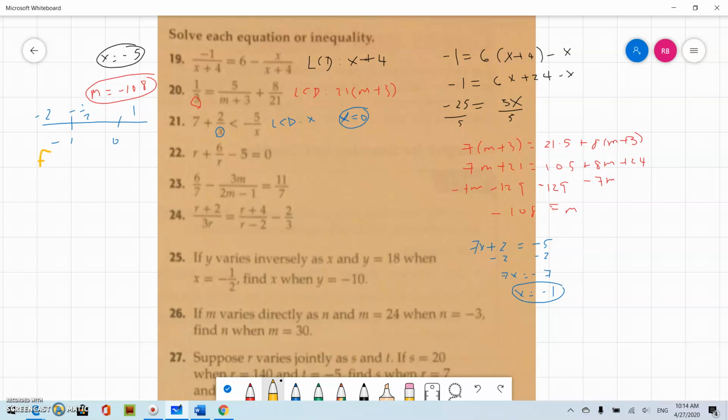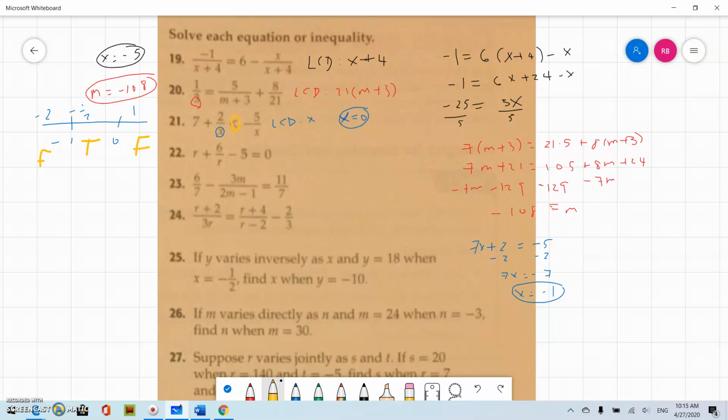And then if I do negative 0.5, let me do it quick. It is correct, right? Because it becomes 10 on the other side and then 3 on the left side. And if I do 1, it's false. So the only time it's true is from negative 1 to 0.